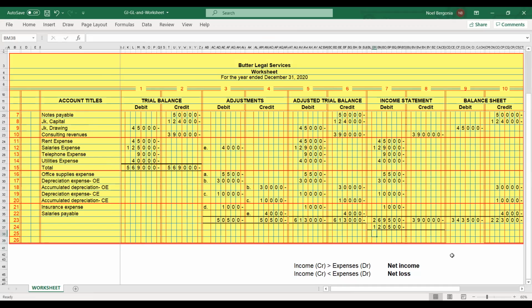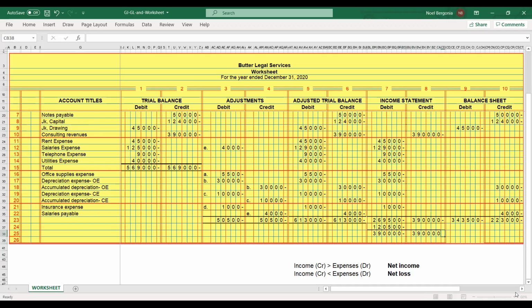So ang gagawin natin, pag inadd nyo yan, 269,500 plus 120,500, ang lalabas po is 390,000. Okay? So ayan, 390,000. Sa kabilaan, i-bring down nyo na lang din. Tandaan nyo, i-bring down nyo ha, 390,000.